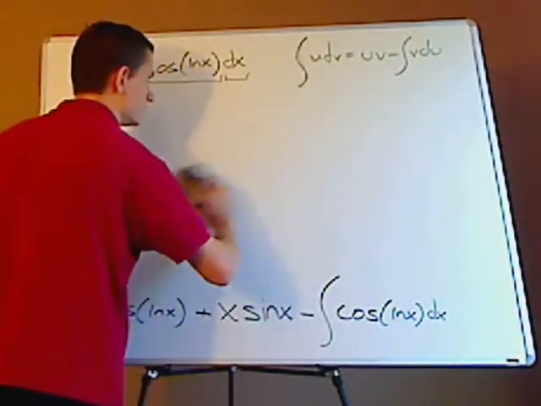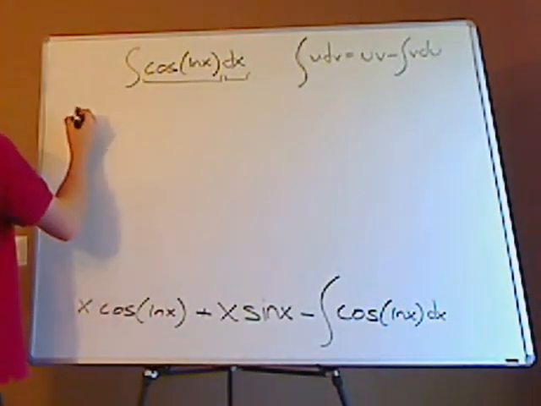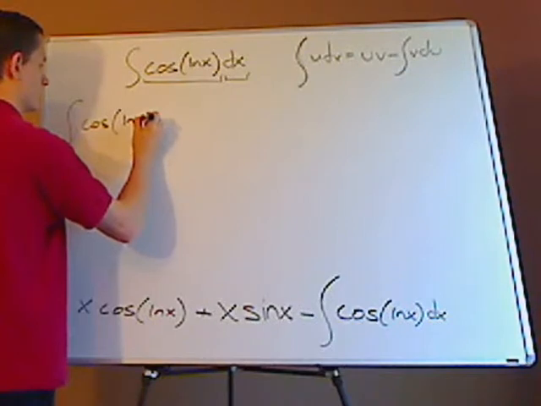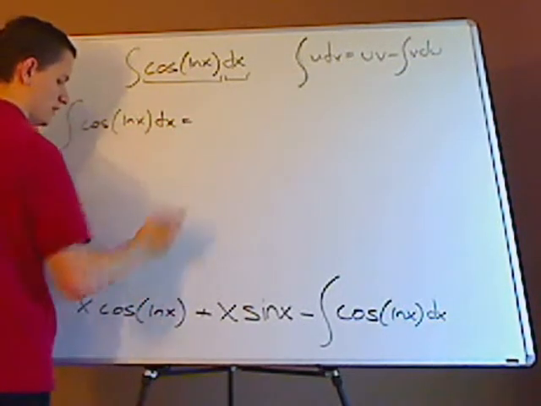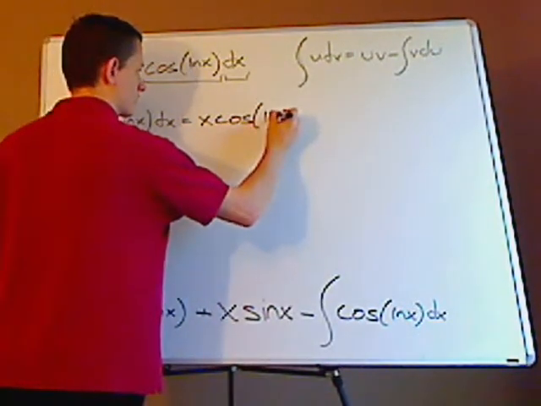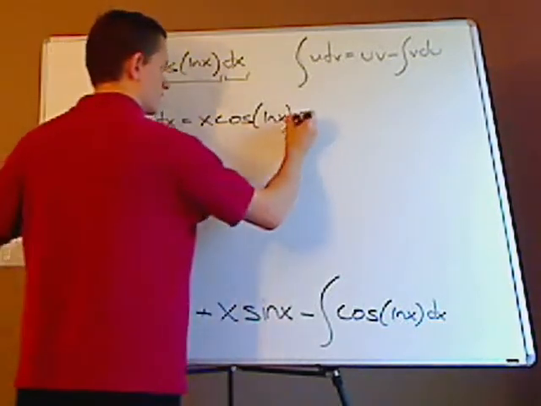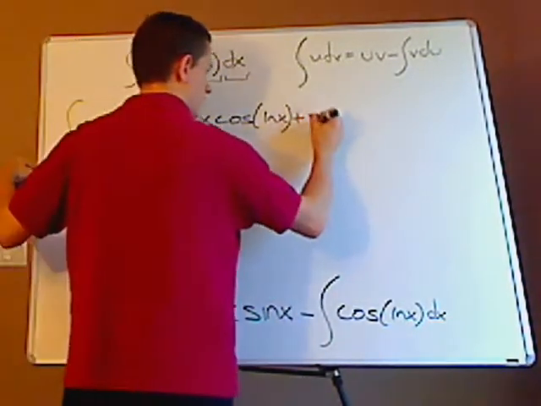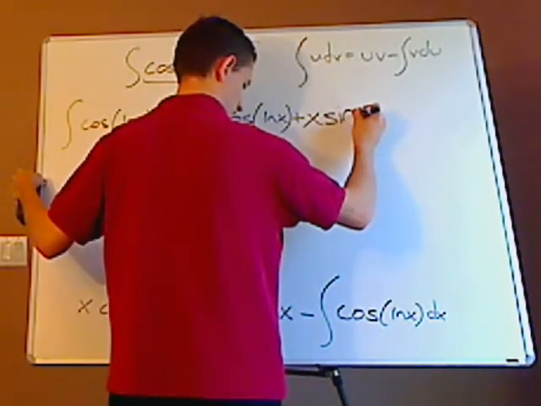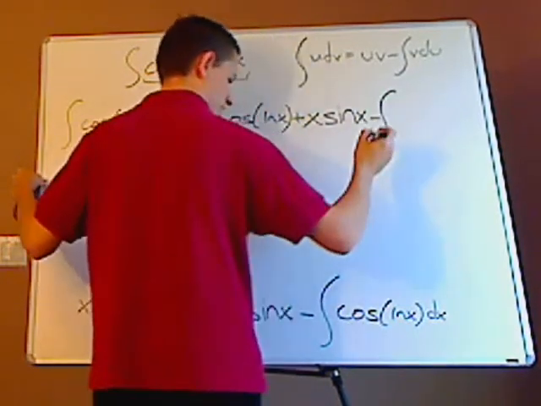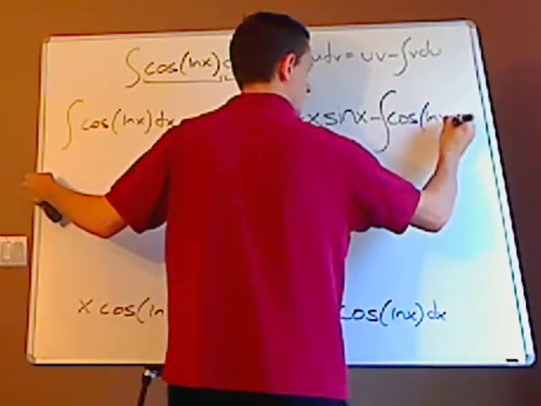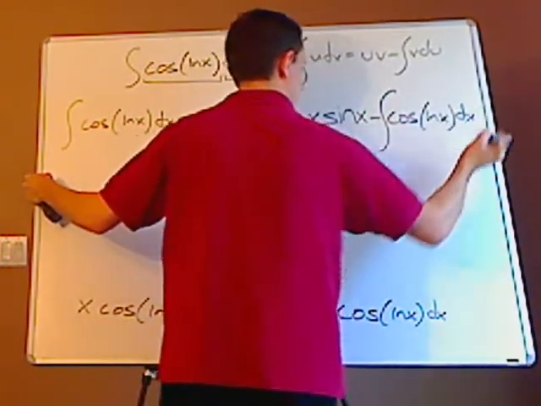Now, it becomes an algebraic problem. You have the integral of cosine natural log of x dx equals x cosine ln x plus x sine ln x minus the integral of cosine natural log of x dx.